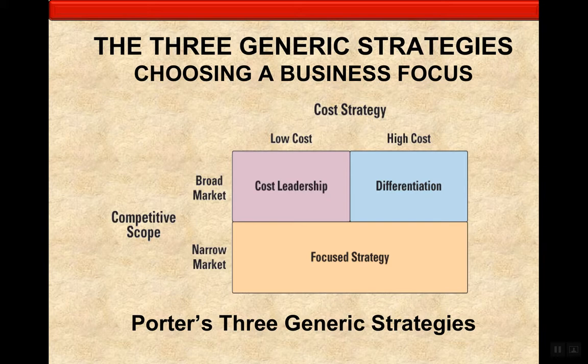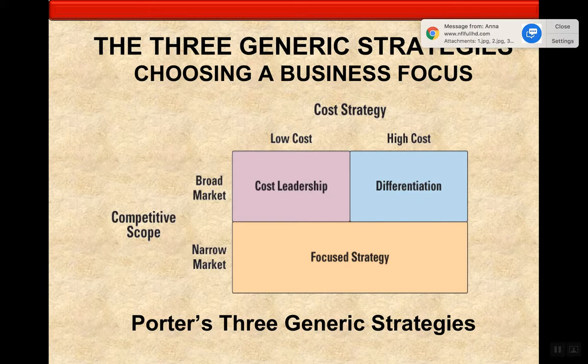We were talking about Porter. Porter has really been a thought leader in a lot of different areas. One area he's done a lot of work in is the idea of generic strategy.